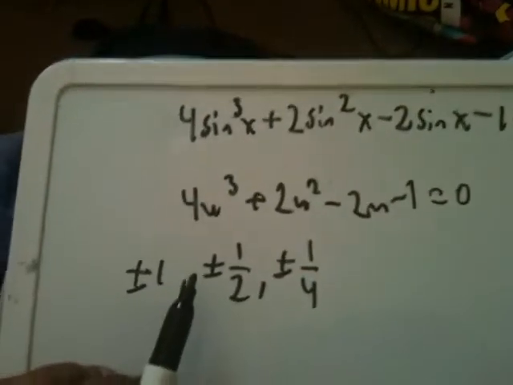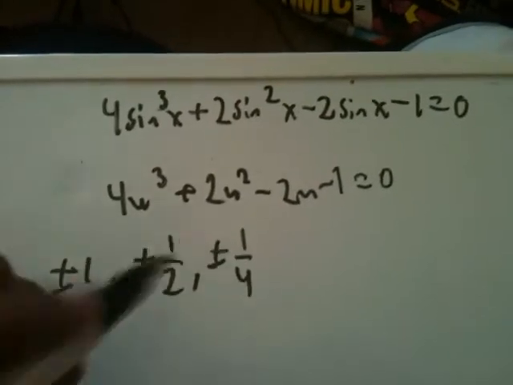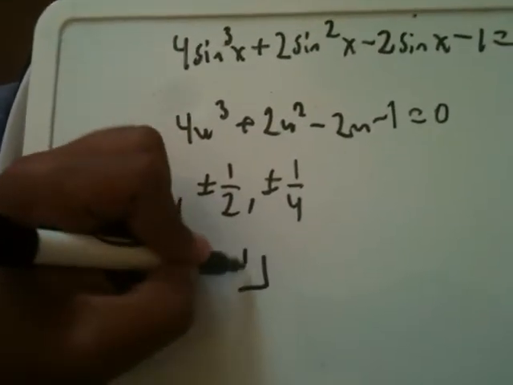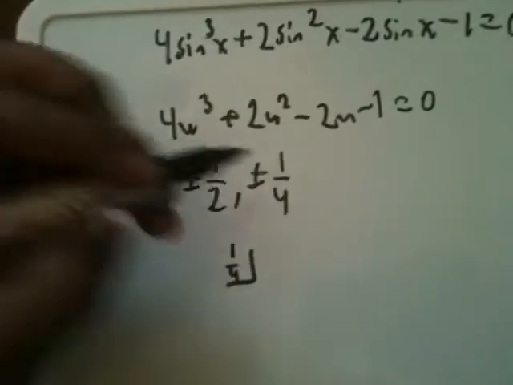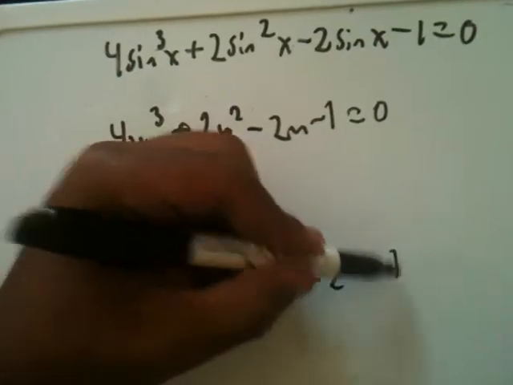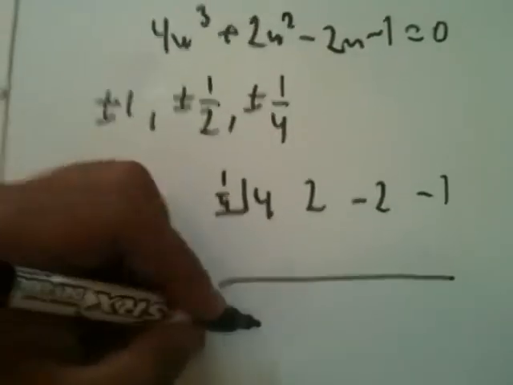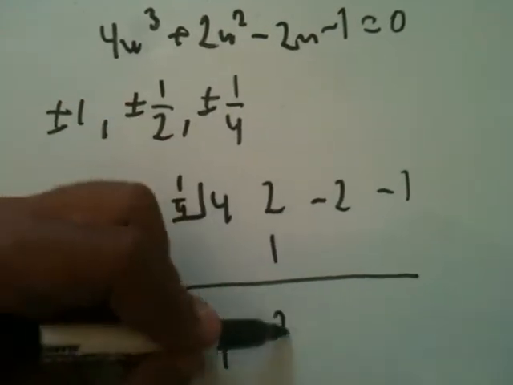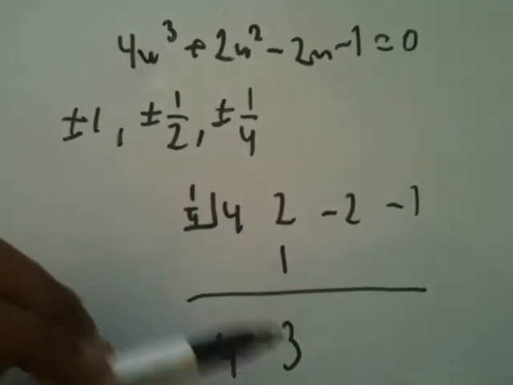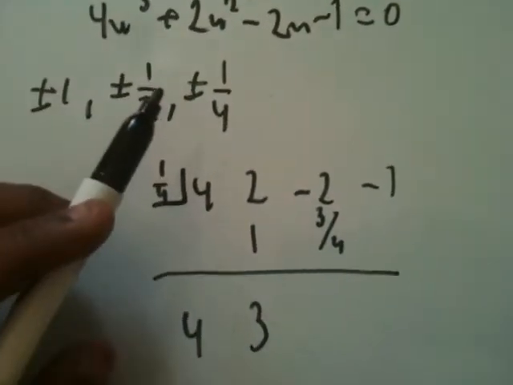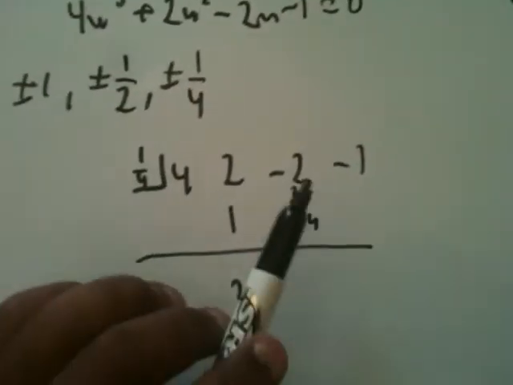So I'm going to start off with 1/4, because I kind of like the look of that. So put 1/4 into our synthetic division box. It's going to be 4, 2, minus 2, minus 1. Bring down the 4. 4 times 1/4 is 1, and 2 plus 1 is 3. 3 times 1/4 is 3/4. Now we can already tell we're not going to get a good 0, but let's just finish it out anyway.